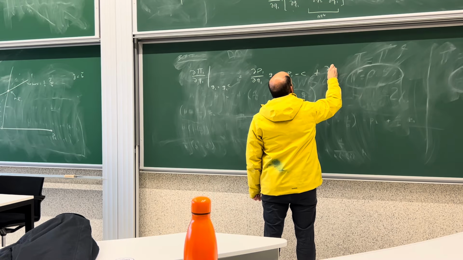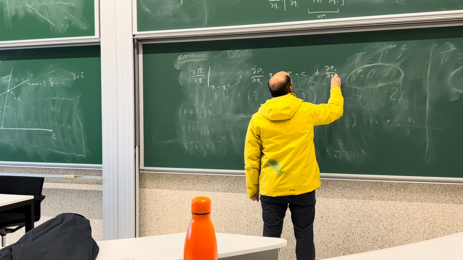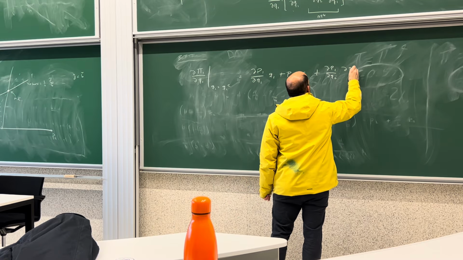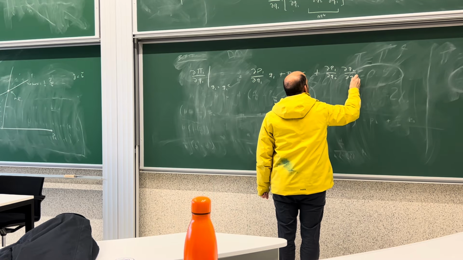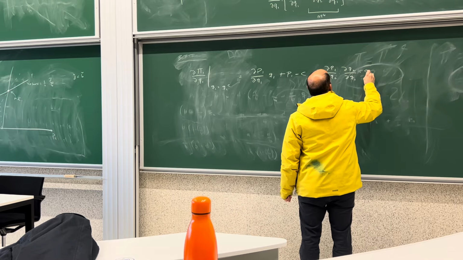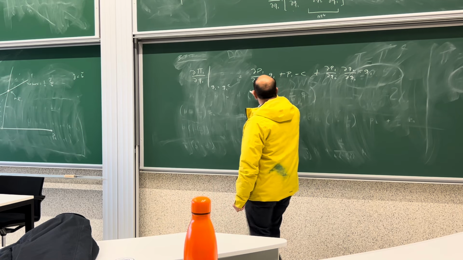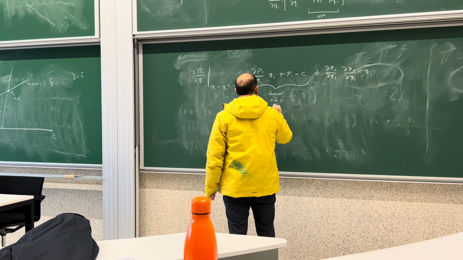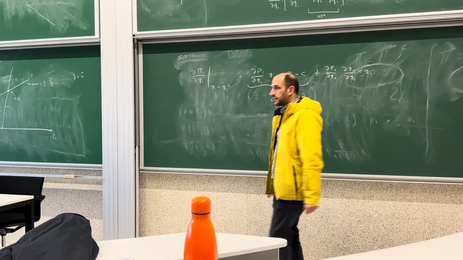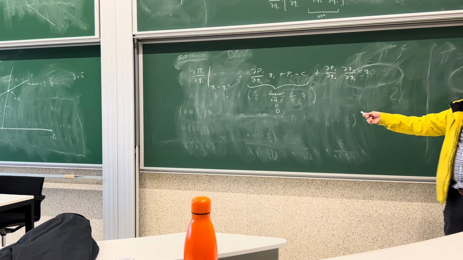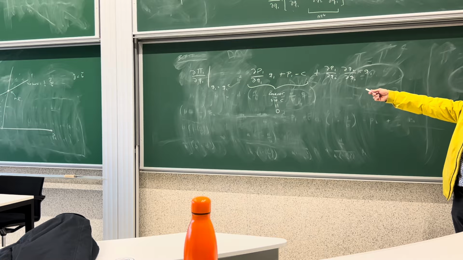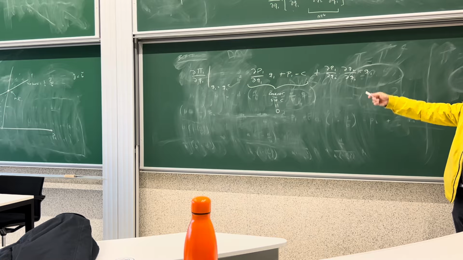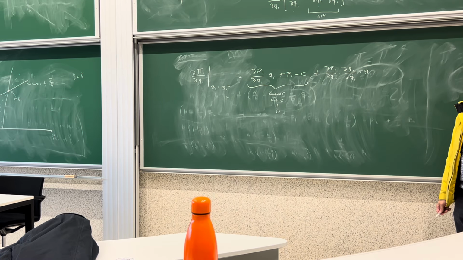Plus dP1 over dQ2 times dQ2 over dQ1 times Q1, right? This here, this is the old, this is the Cournot first order condition, okay? Which is equal to 0 at the quantity of Cournot, at Q1 equal Cournot.